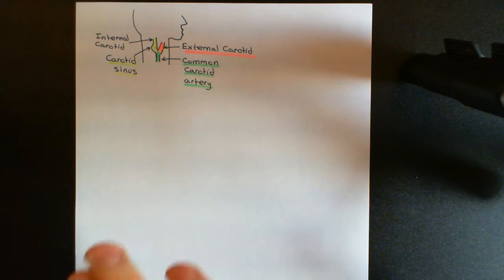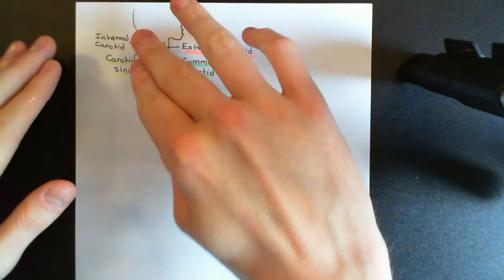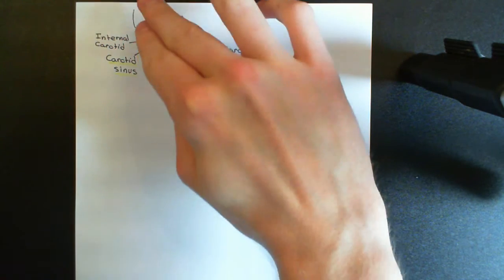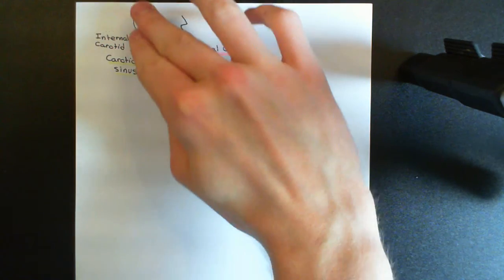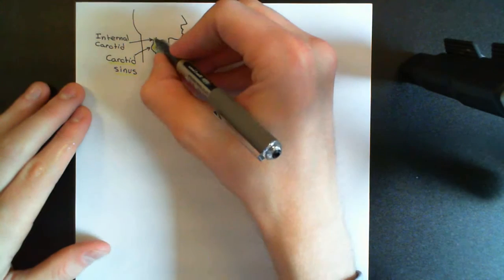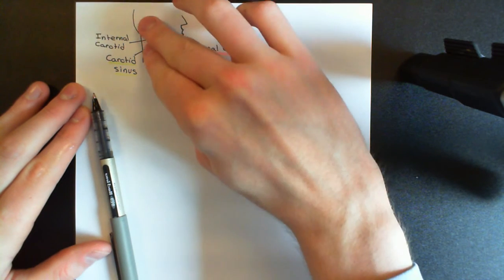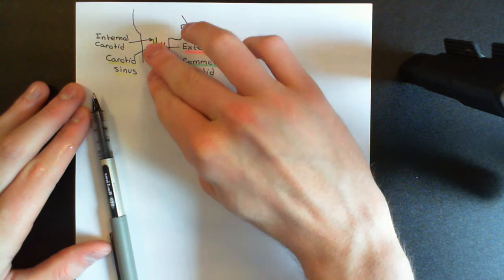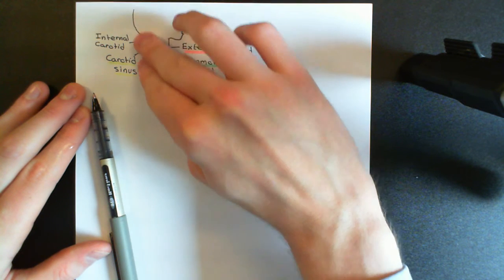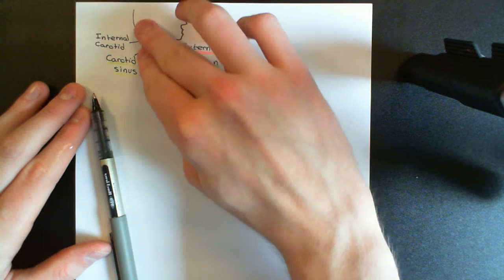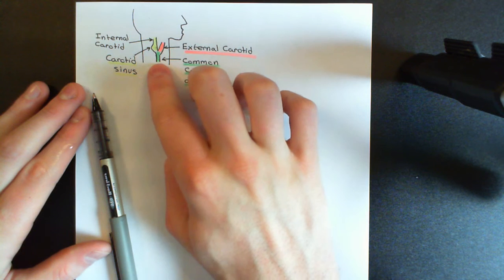What you then need to do, of course, is just go slightly lateral to that and push around. So the idea is that you will place your fingers and follow the common carotid artery and the internal carotid artery like this, and then you'll just go lateral to that and sort of push around all the way up and down the internal and common carotid artery.